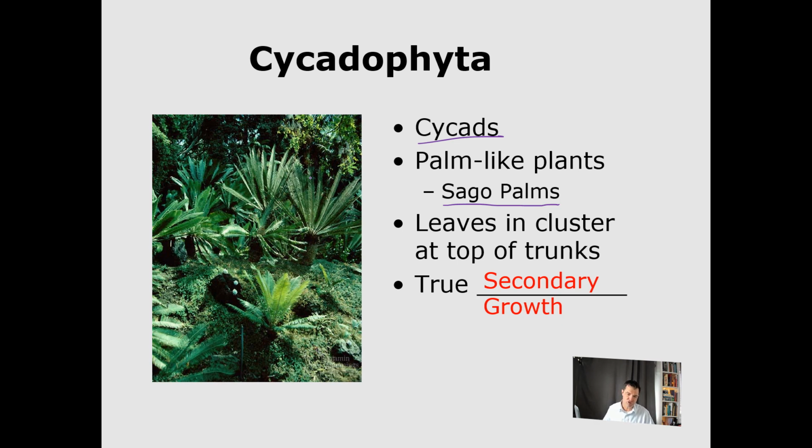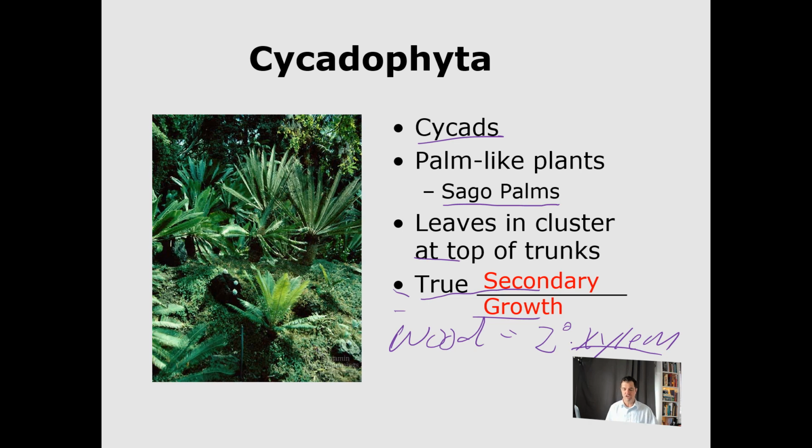They're usually short, with palm-like leaves at the top, and they are the first group of plants in the evolutionary record to show true secondary growth. Secondary growth is what we'll later define as wood, or secondary xylem.